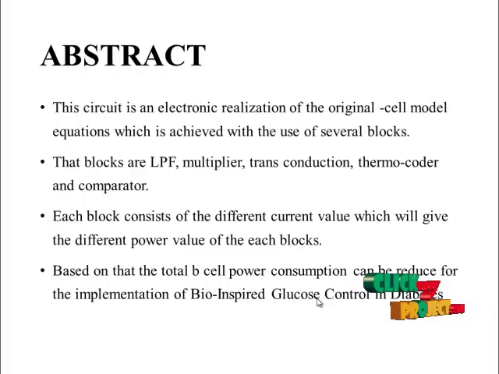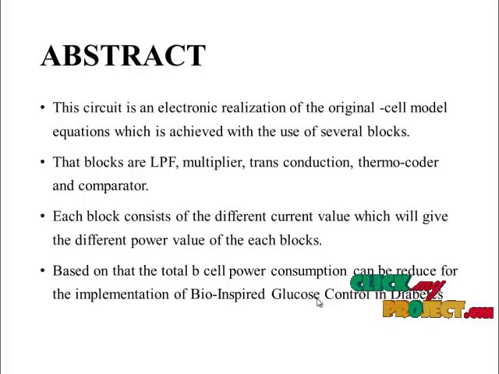The system has been designed in a commercially available 0.35 micrometer CMOS process and achieves an overall power consumption of 1.907 milliwatt. The circuit is an electronic realization of the original beta cell model equations, which is achieved with the use of several blocks.